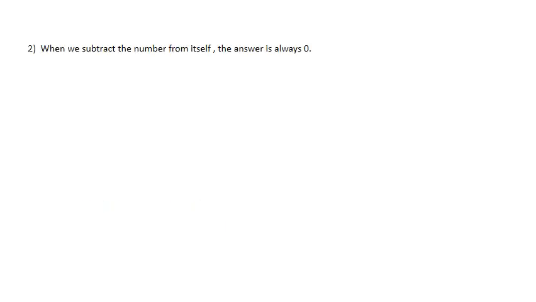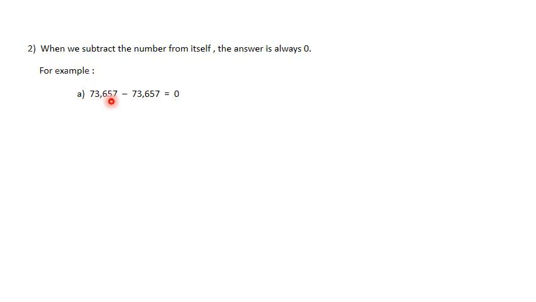Second one: when we subtract a number from itself, the answer is always 0. Let us take an example. See here, 73,657 minus 73,657.